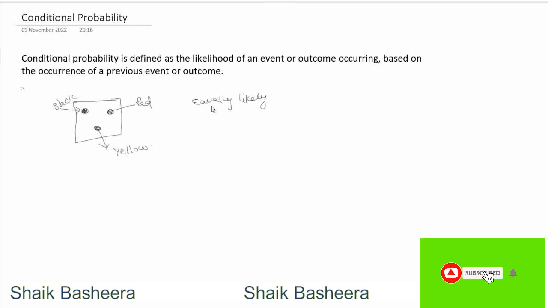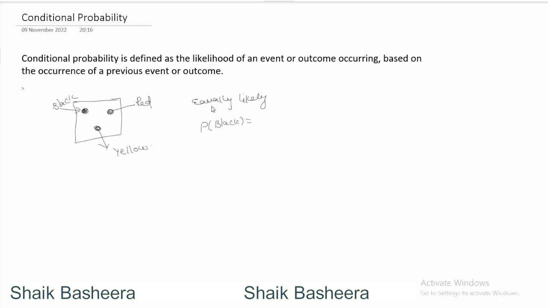Let's consider the probability of taking the black ball. As per our representation, how many black balls are there? One black ball. Out of how many balls in total? 3. So we get the probability as 1 by 3.